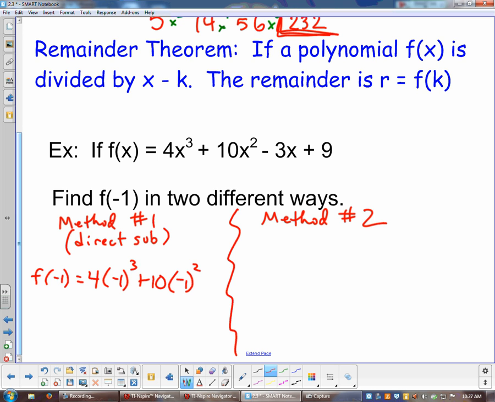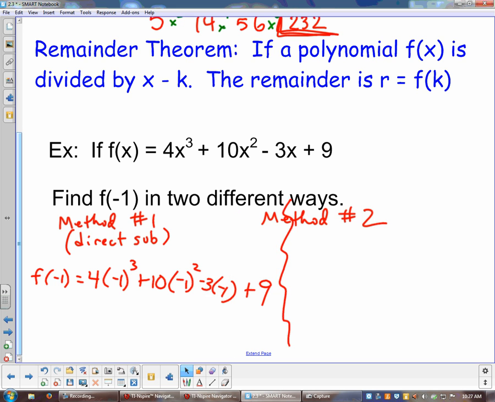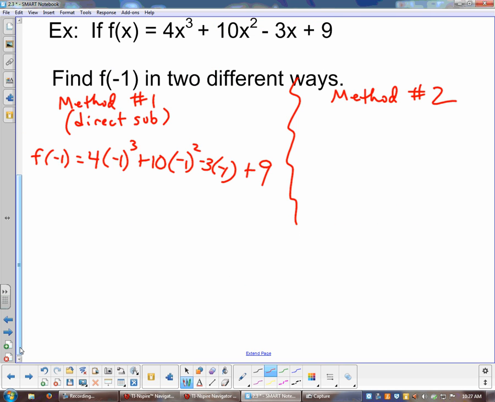All right, calculators, or do what you need to do to get me an answer for this problem. I think I need a little bit more room for method number 1. What are you getting? 18?